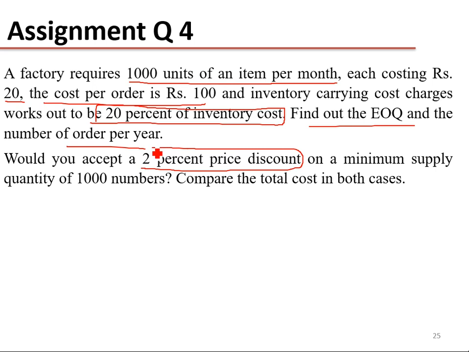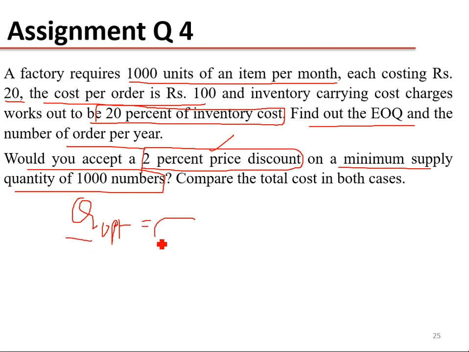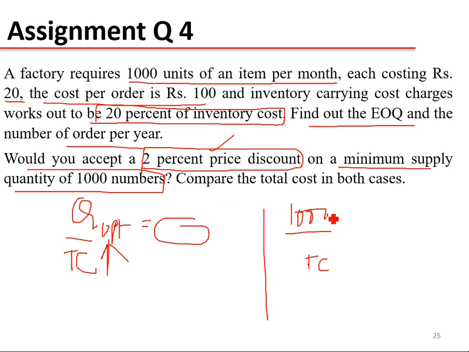This numerical basically deals with a price discount on a minimum supply quantity of 1000 units. Suppose we check the value of Q optimum with the standard basic model. We find the Q optimum, then we solve the TC value in the case of Q optimum, and then we take 1000 units in an order and calculate the TC value, the total cost.